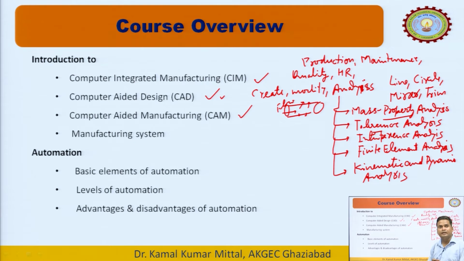And then computer aided manufacturing with the help of computer. So, what is the difference when we are using a computer and without using the computer? When we are using a computer, we can easily program the operations which are going to be performed. So, the program is easily editable.